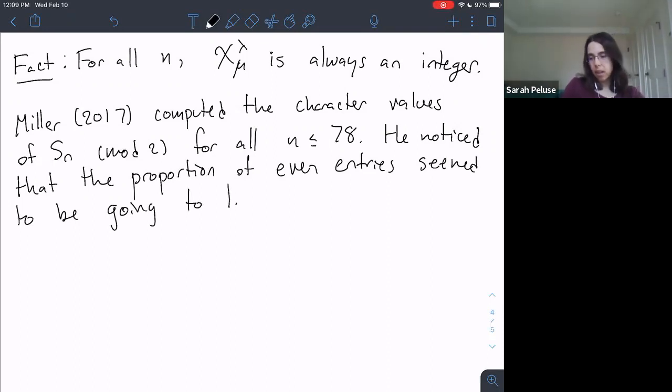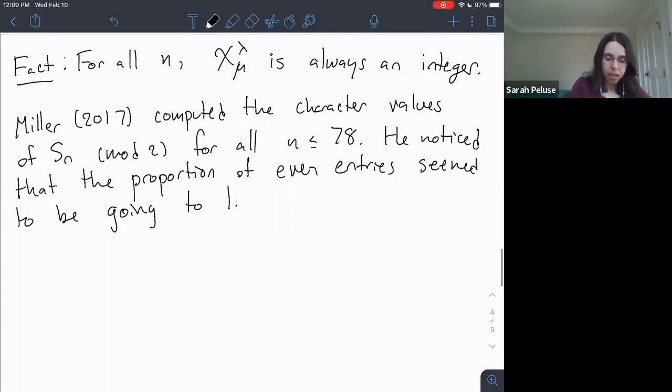So it looked like as n grew, almost every entry of the character table of Sn was even. Even though people have been interested in the character tables of symmetric groups and in computing them for decades, I guess Alex was the first one to notice this beautiful thing. Based on this, he conjectured that as n goes to infinity, the proportion of odd entries in the character table of Sn goes to 0.